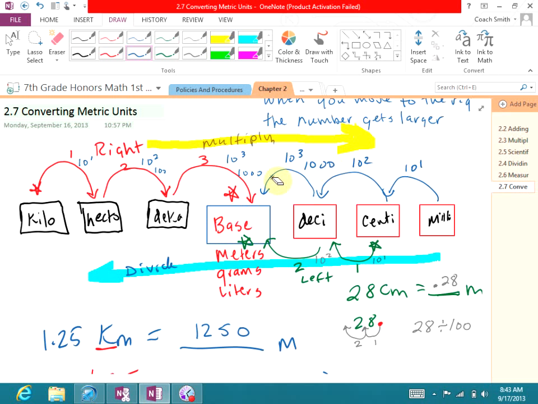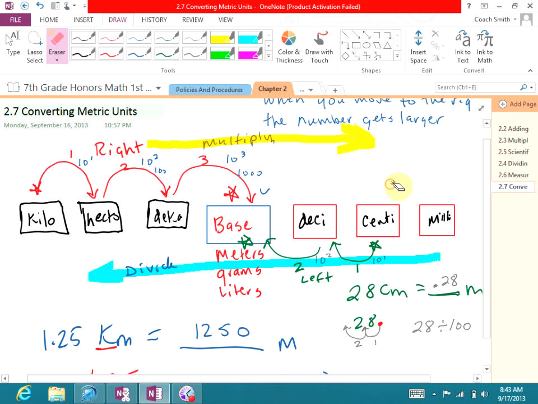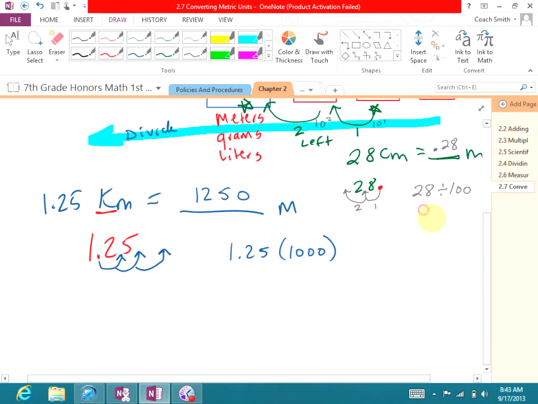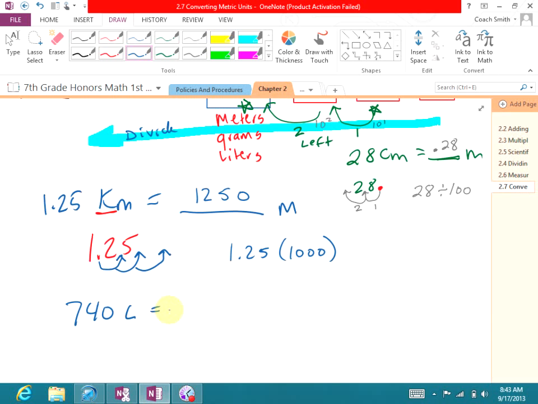Okay? Let's see here. I'm going to erase that so it doesn't get too confusing. All right, let's look at another example. Let's say 740 liters. 740 liters is equal to what they want to go to. Kiloliters. Nope.